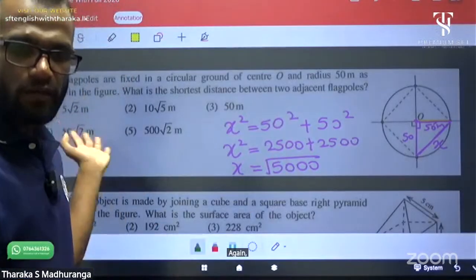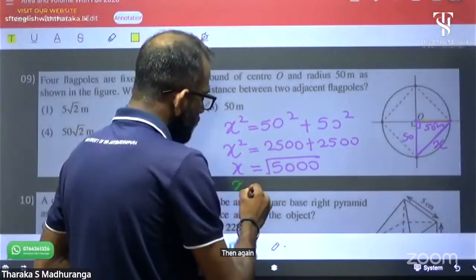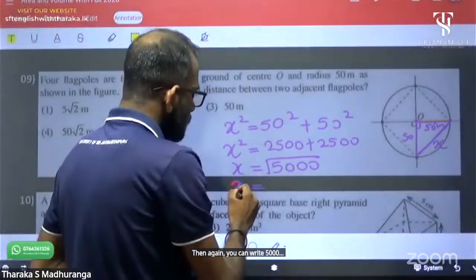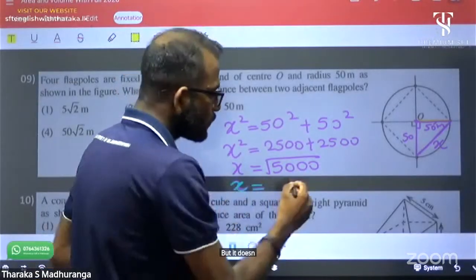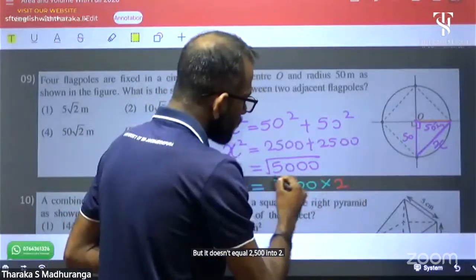Again, there is no answer of the form root 5000. So you can write 5000 as 2500 into 2, the square root of 2500 into 2.